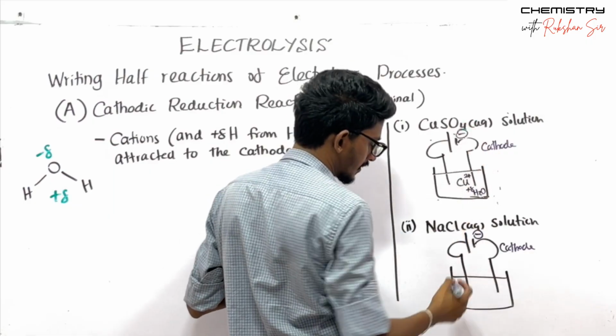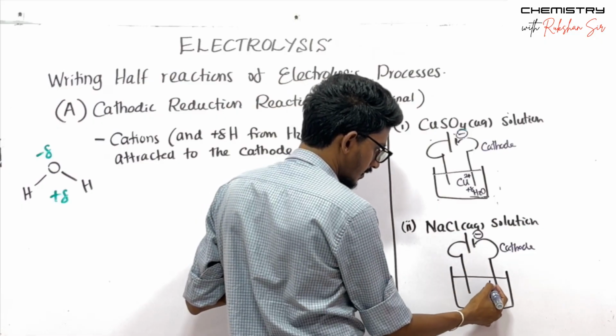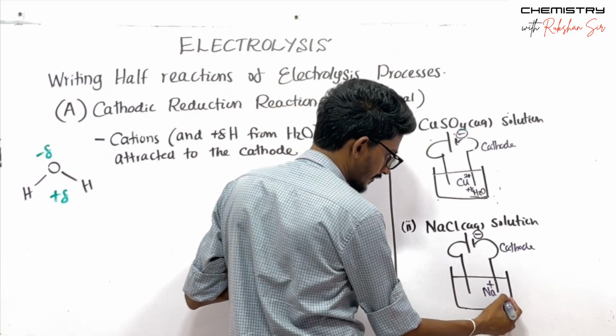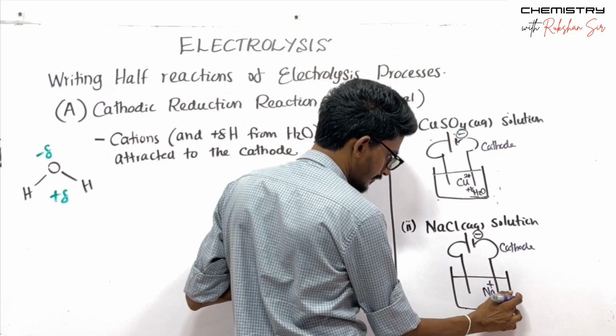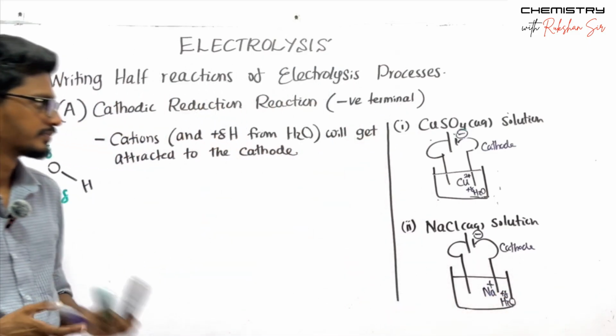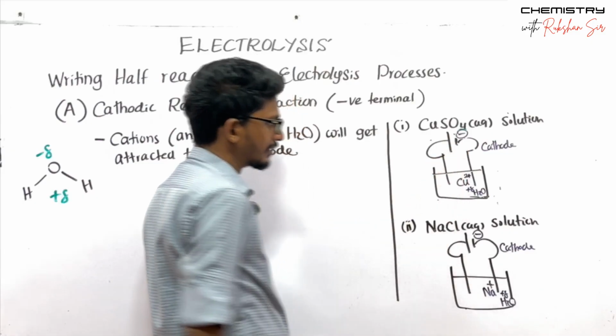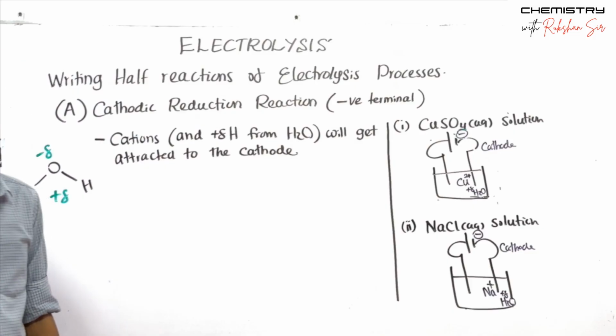Towards the cathode, the Na plus ions and the water molecules will get attracted. So the positive things will get attracted to the negative terminal. Okay, clear?